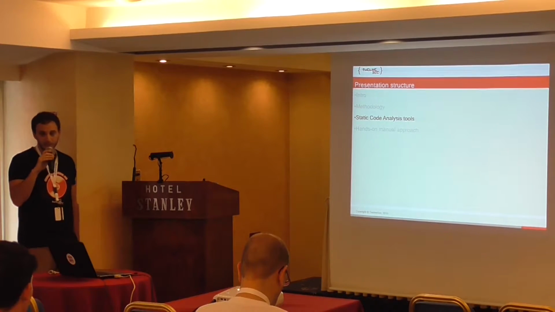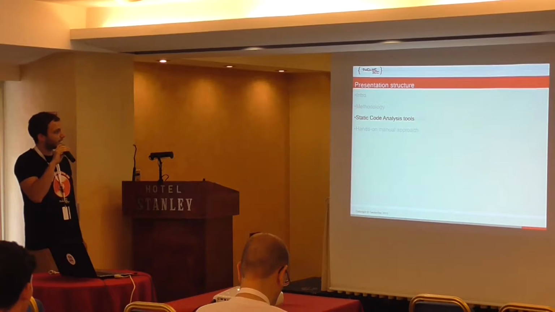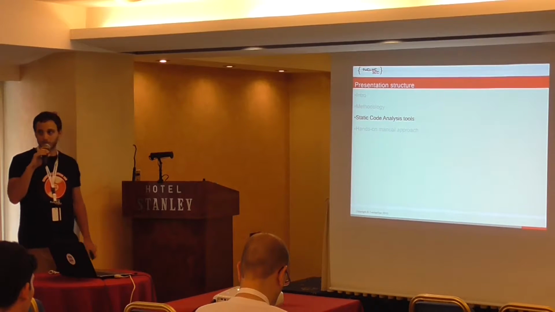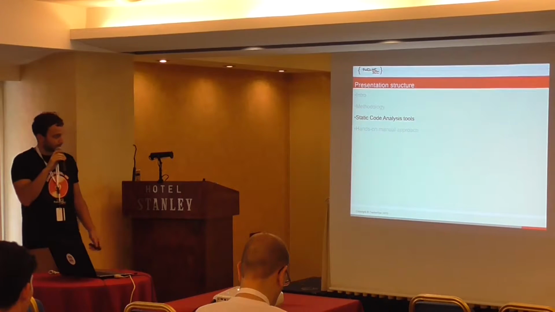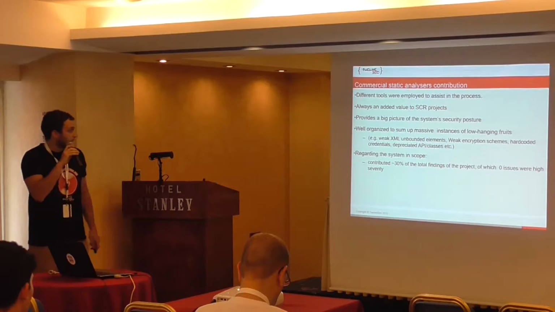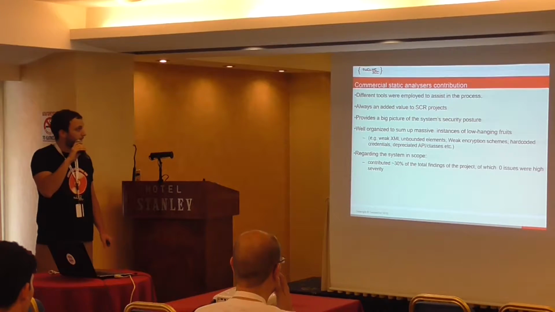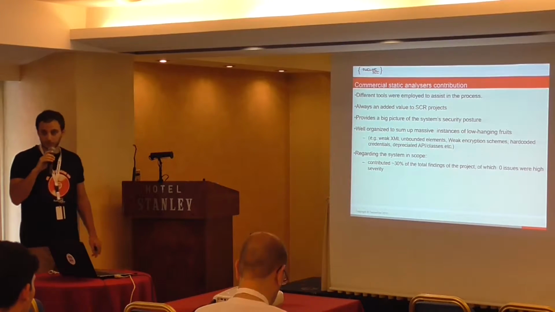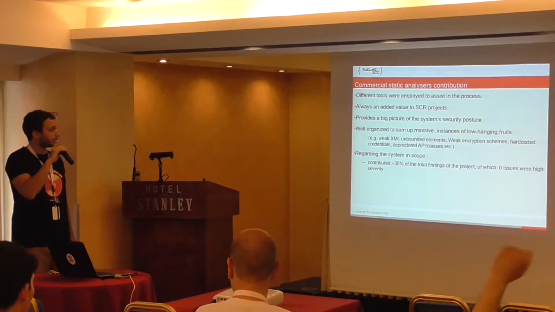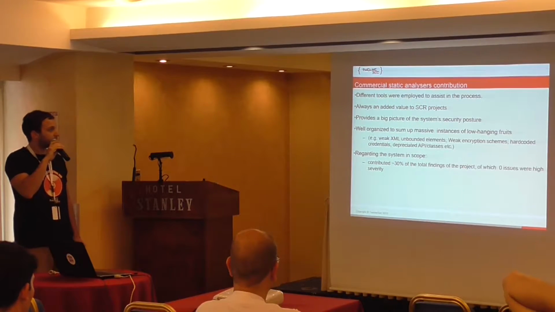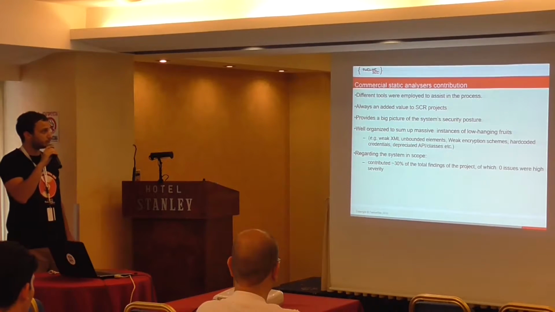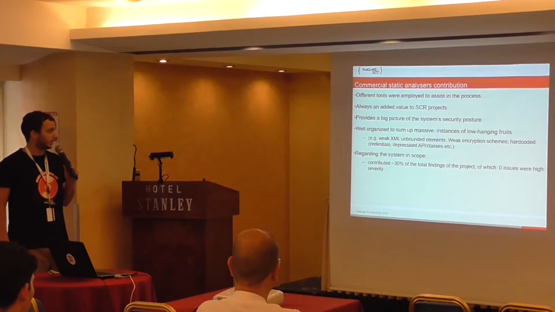In the first part of the static code analysis, some commercial tools were utilized. Some different tools were applied, and as you probably know, the source code review finds added value in the commercial or open source tools applied across the system.